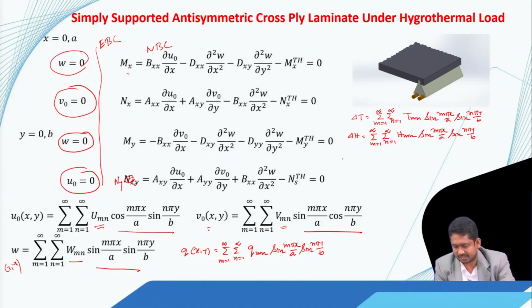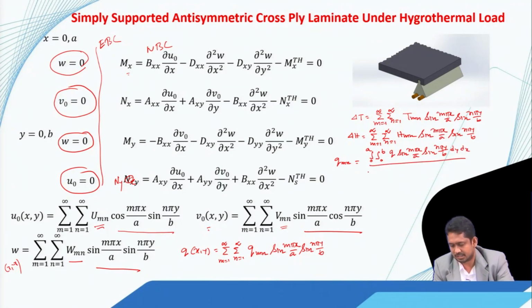Now, we know that Qmn can be written as integral 0 to b, 0 to a, of q sin m pi x by a sin n pi y by b dy dx, divided by integral 0 to b, 0 to a of sin square m pi x by a sin square n pi y by b dy dx.